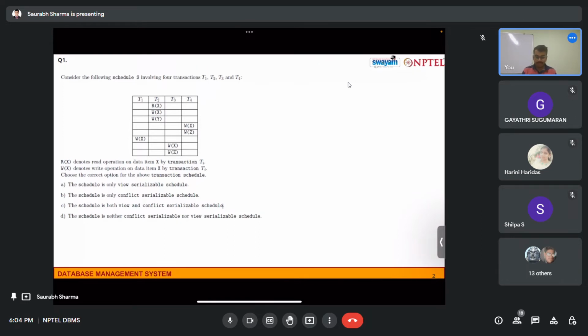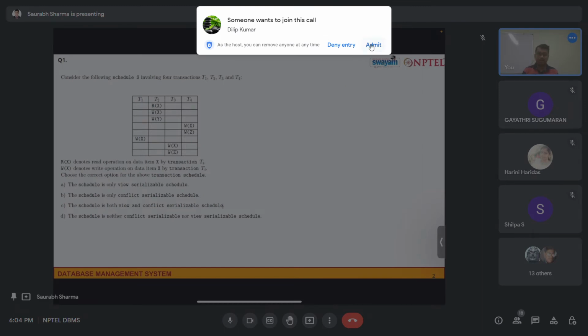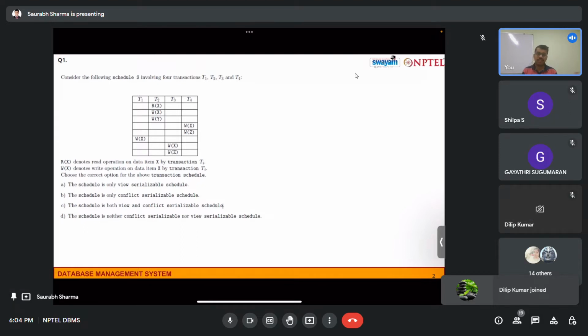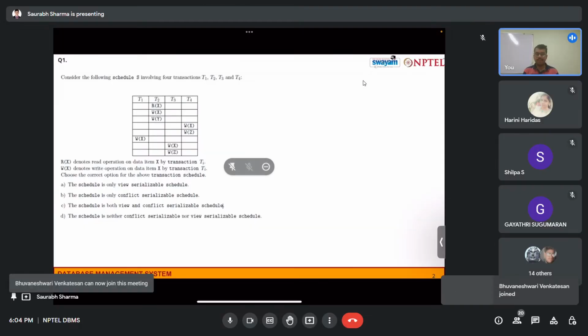What is serializability? Suppose you are given some parallel executions. If we are able to write the operations in the given transactions in a serialized form, meaning if it is given in parallel, we are able to arrange it in a sequential way, then it is serializable.